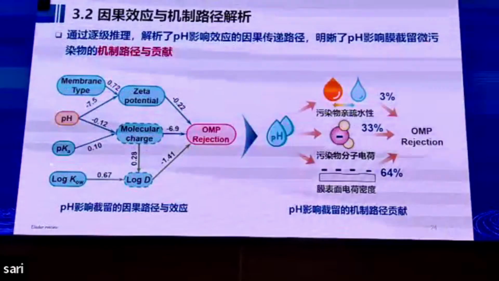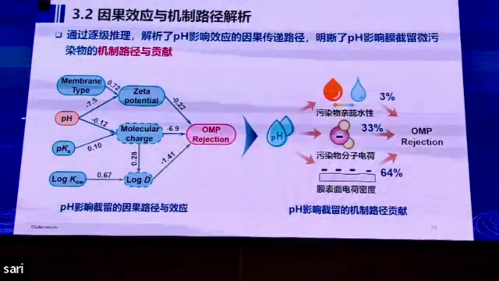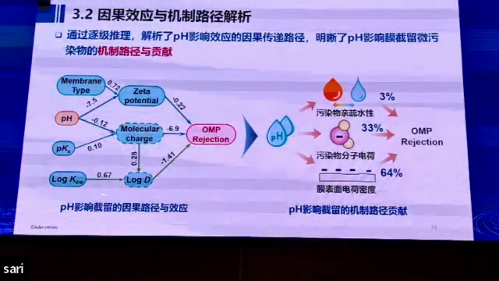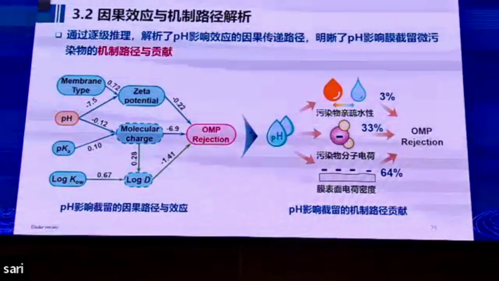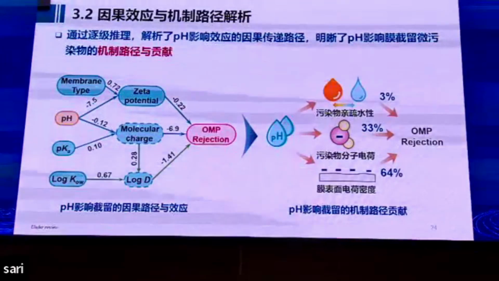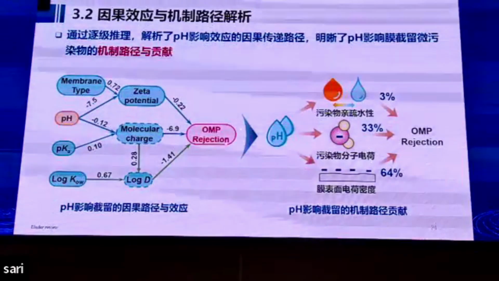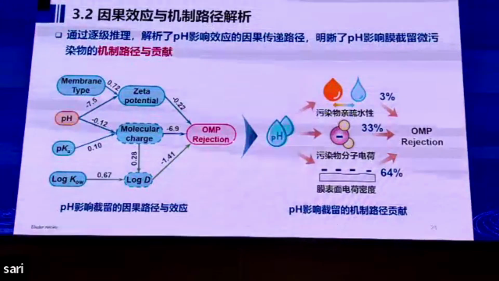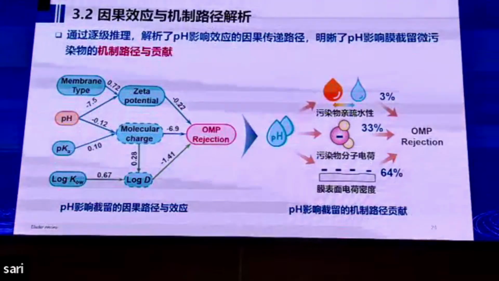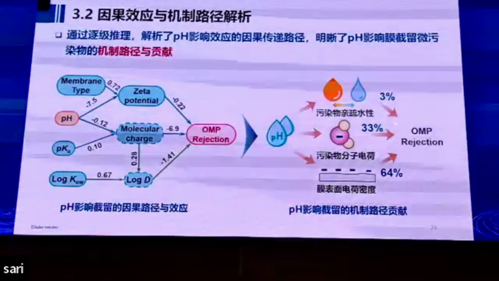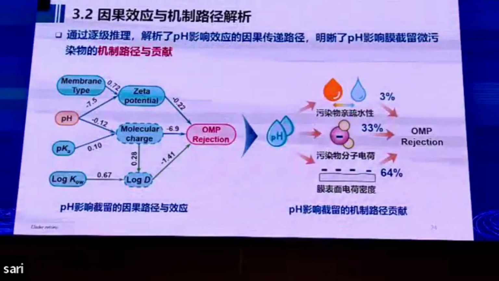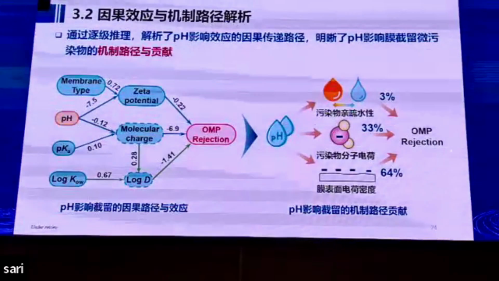And then we have an example using the pH. We can draw a simple one, and this is the quantified contribution of how the pH affects the OMP, our micropollutant rejection. This is a simple illustration of how the pH affects the OMP rejection.